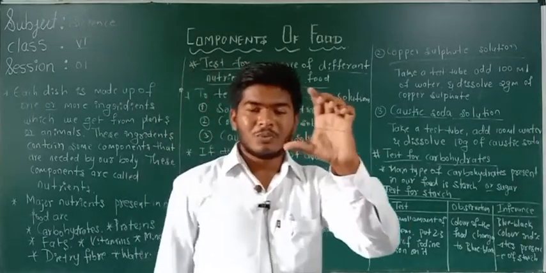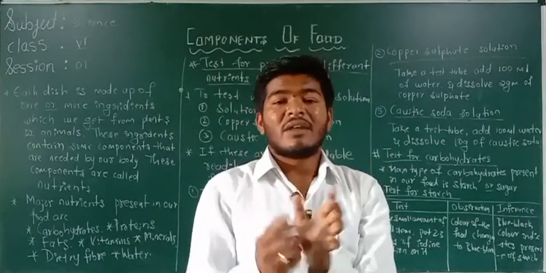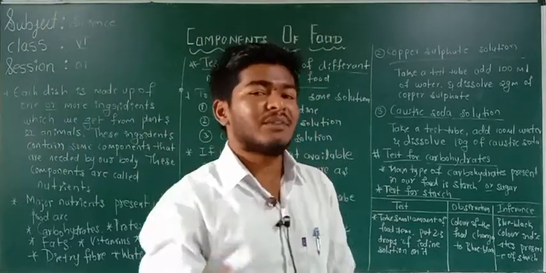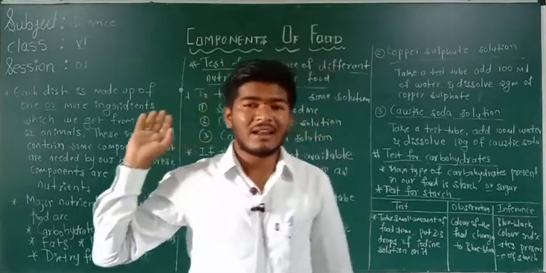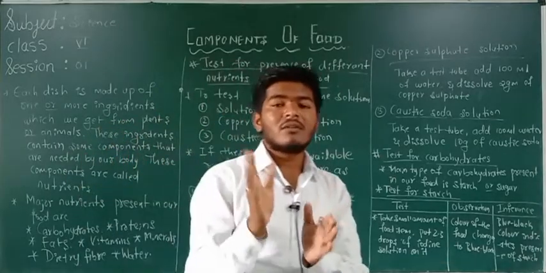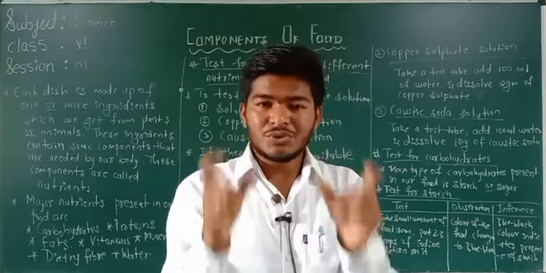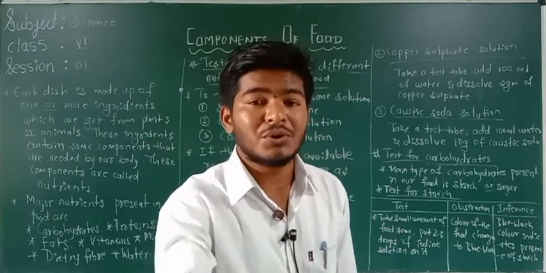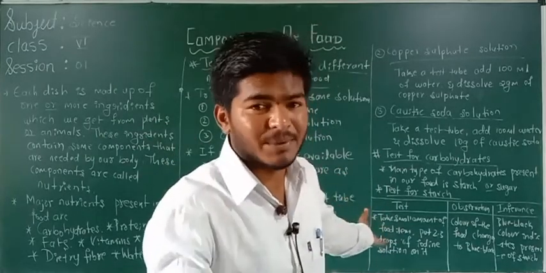Take a test tube, wash it clearly, because the test tubes present in the chemical lab can be used for any other tests. Before you make any experiment, you should remember that you have to wash all test tubes which you are going to use.